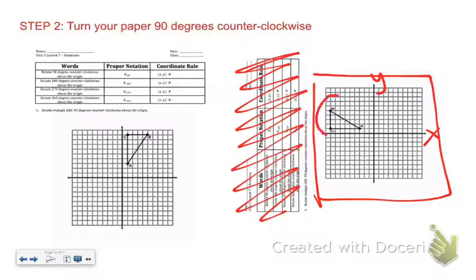Look at where the triangle ended up now. It's in the second quadrant, just like we had said it would be if we were rotating 90 degrees counterclockwise. And the coordinates for A, B, and C in this graph are really the coordinates for A prime, B prime, and C prime. So step 3 is going to be for us to identify the points that are in this second quadrant.